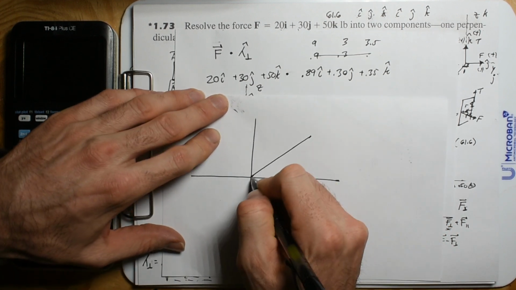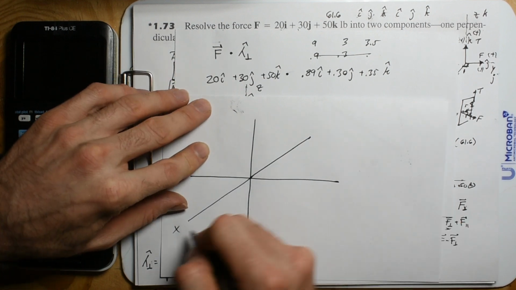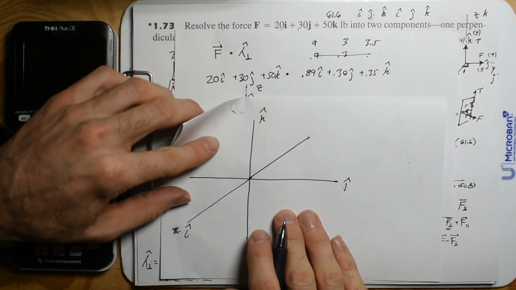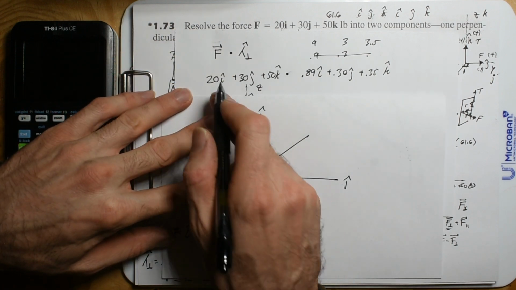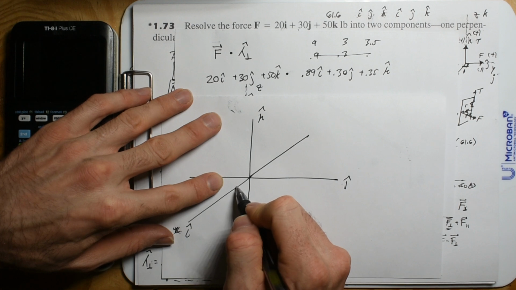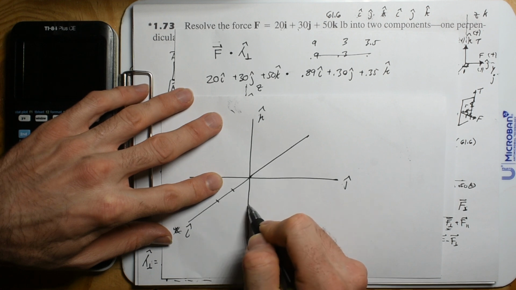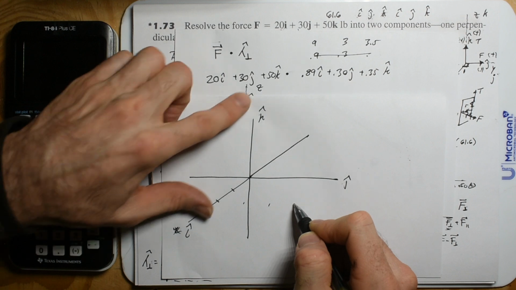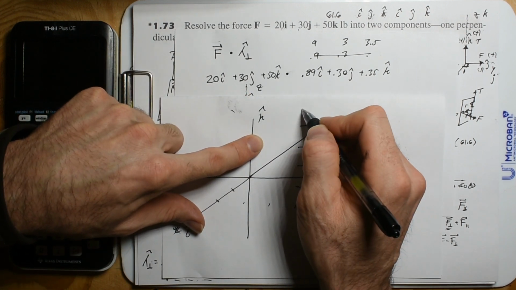But let's try this again. So we have X, or I'm just going to call it I, J, and K. Okay, sweet. So let's do this. I'm going to go 1, 2, and then 1, 2, 3, and then 1, 2, 3, 4, 5.